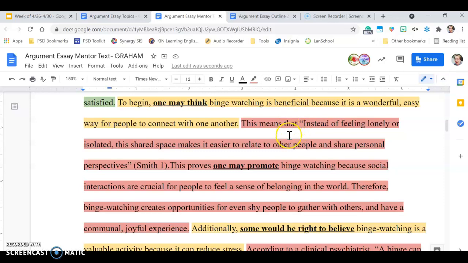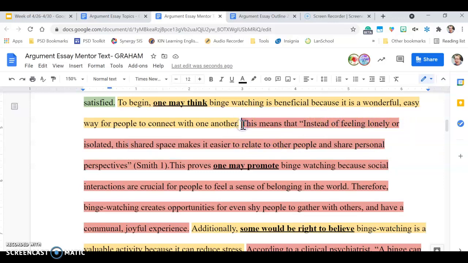That's level 2. Level 3 is where I look at the quote that I have and I think, well, what really matters in that quote? What do I really need my reader to understand about what this author is saying? So specifically, what the author is saying is, well, binge watching is good because you can share an experience or share a space with other people and share personal perspectives, and that is better than being lonely, right?